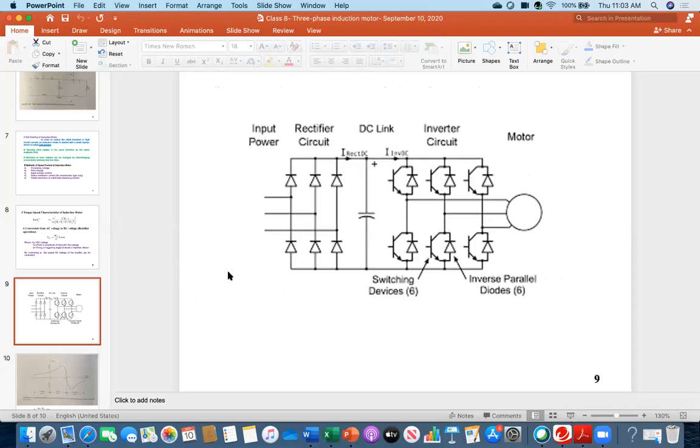So in this circuit, whatever the input is, with the uncontrolled rectifier you will be getting a DC voltage here. But the main control is here. The main controlling is the switching or triggering pulse. That time you need sophisticated control. In this class at this level, you will not study that sophisticated control.